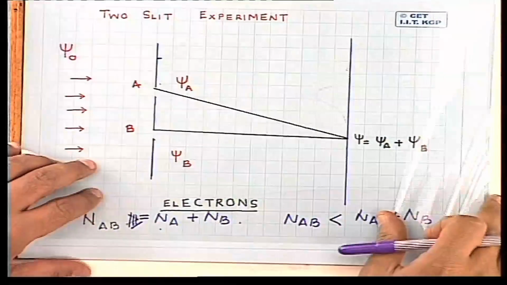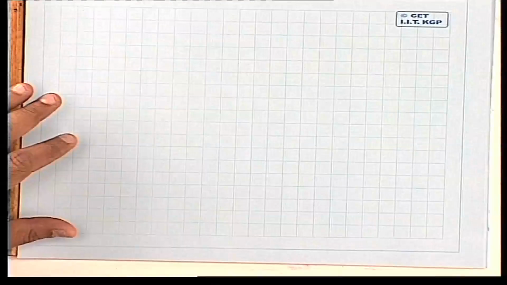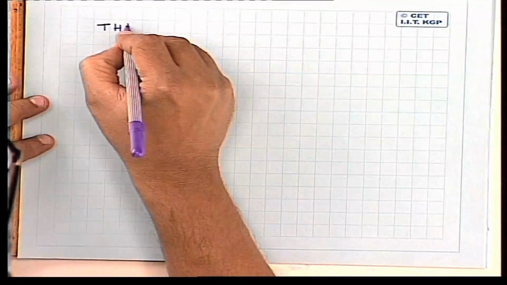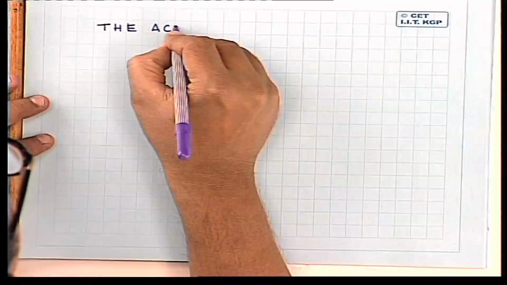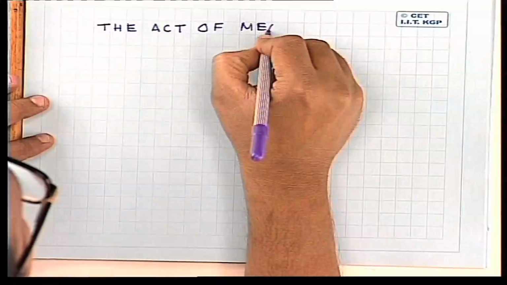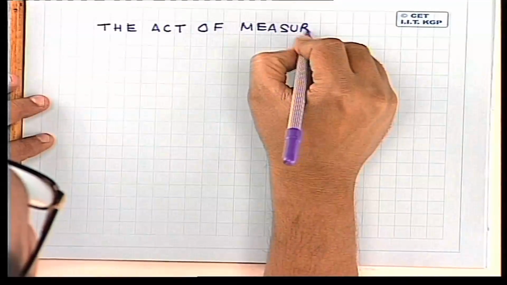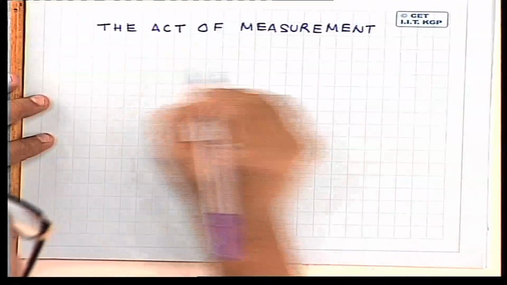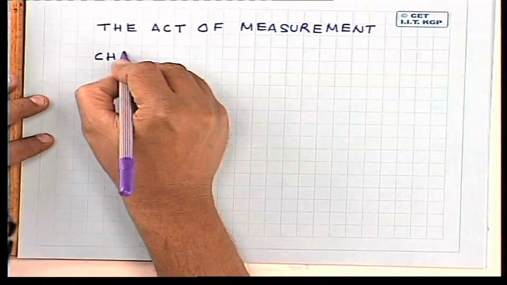The first thing is that the act of measurement changes the outcome of the experiments.